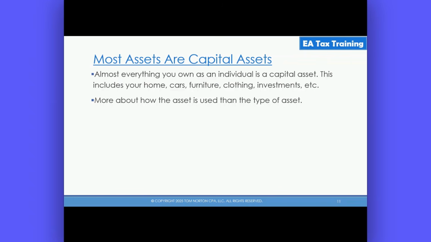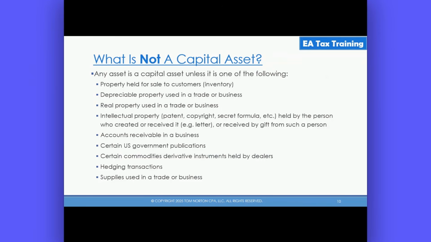The other interesting thing to note is that it's more about how the asset is used rather than the type of asset. If we look at this list again, you've got depreciable property used in a trade or business. So if a business owns, for instance, a car, that is depreciable property used in that trade or business, so that is not a capital asset.